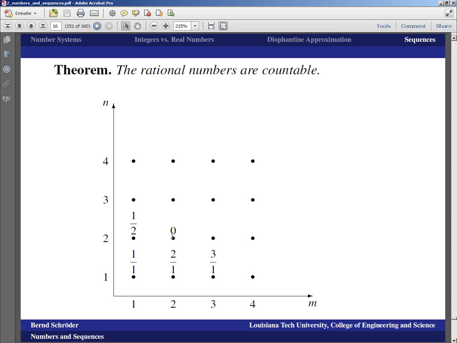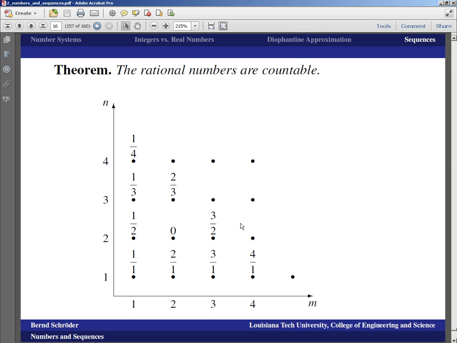So I'm going to use the spots where it repeats to count stuff that I haven't counted yet. So I would put 0 here. Here's 1/3. 4 over 1 we haven't counted yet, so it goes here. 3 over 2 we also haven't counted yet, so that goes here. 2/3 goes here. 1/4 goes here. And now here, of course, would be 5 over 1.